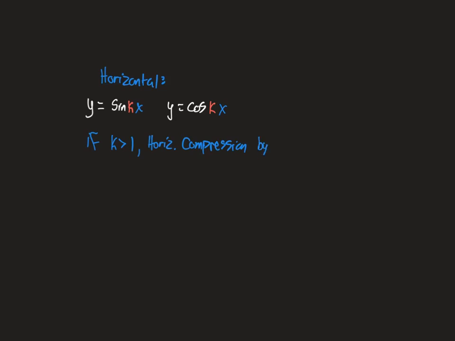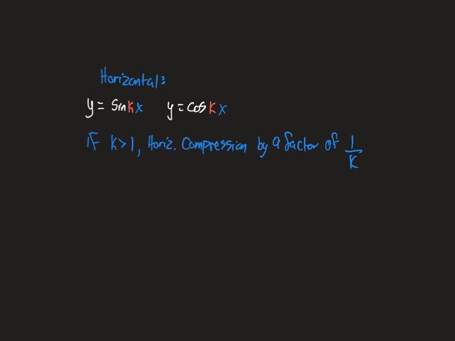And not by k, but 1 over k, so the reciprocal. So for example, let's say k was 2. Then this would be a horizontal compression by a factor of 1/2.